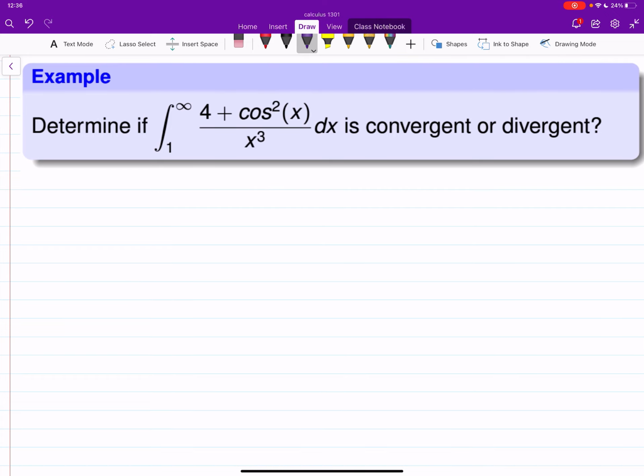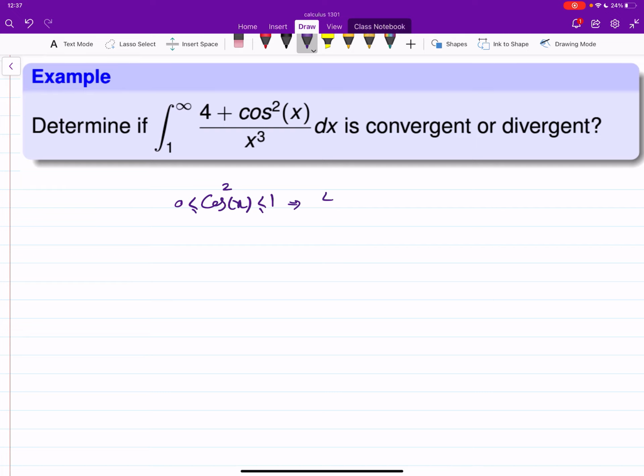The integral of 4 plus cosine squared over x to the power 4. Here you can always start with cosine: sine or cosine is between minus 1 and 1, but when you square it, it is going to be bigger than or equal to 0 and less than or equal to 1.